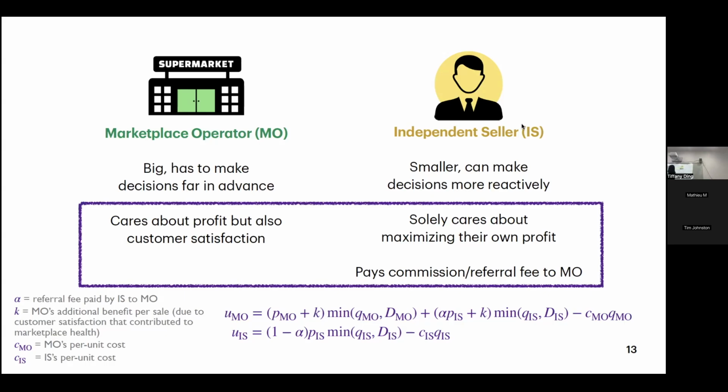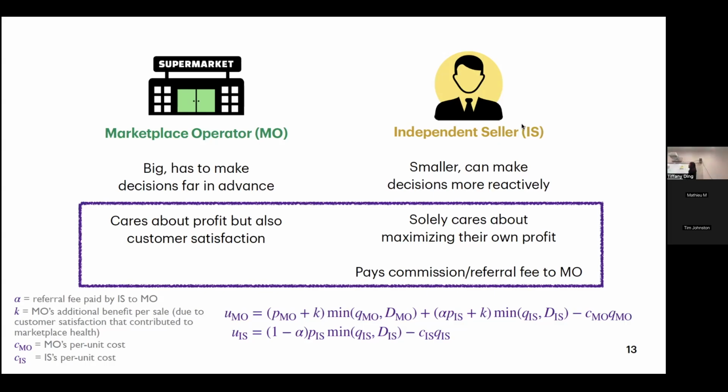We also have K, which is the marketplace operator's additional benefit per sale beyond their immediate profit. This captures customer satisfaction. Every time a customer is able to make a purchase, this makes them happy, and that's good for the marketplace operator because then the customer is more likely to come back. And then there's also the per unit cost, slightly cut off.